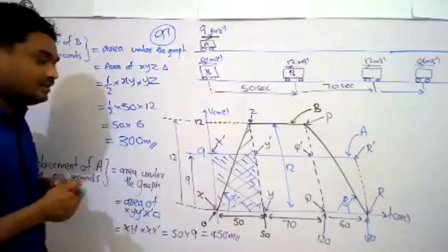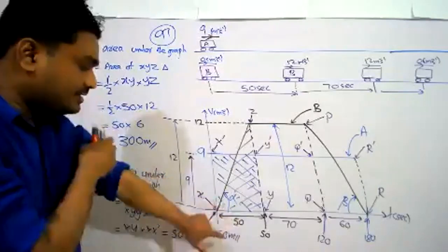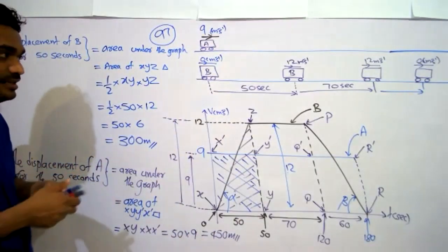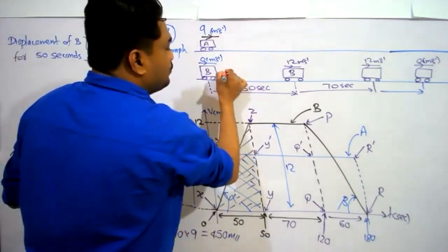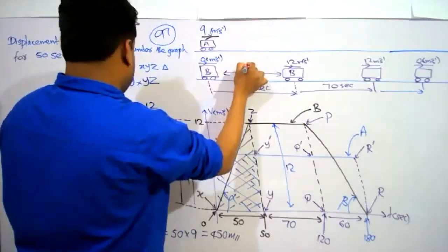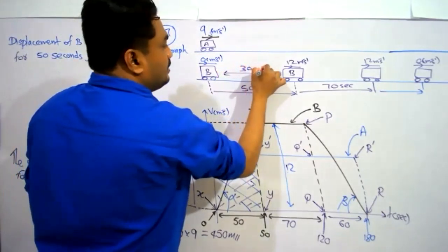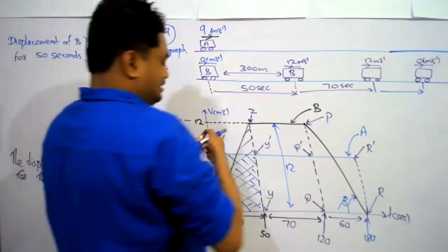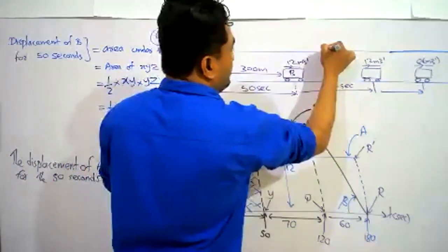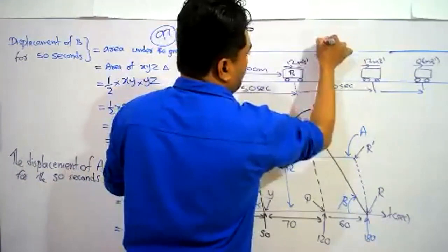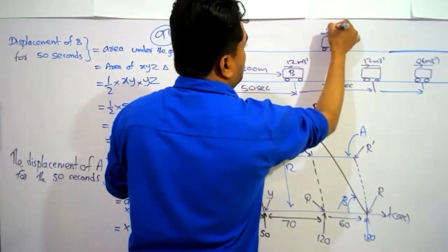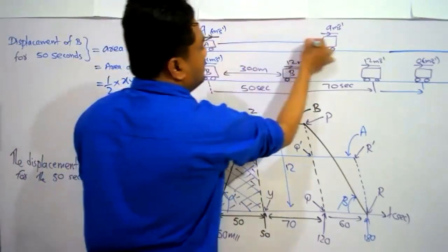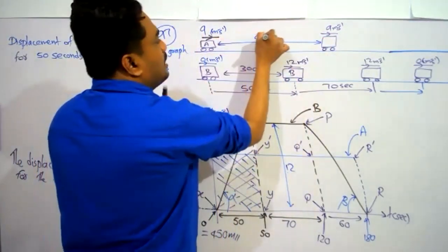So within the first 50 seconds, A has traveled a distance of 450, B has traveled only 300. So if I mark this displacement of B, this is 300. After 50 seconds, A is somewhere here, traveling with a constant velocity of 9 meters per second, and it has traveled 450 meters.